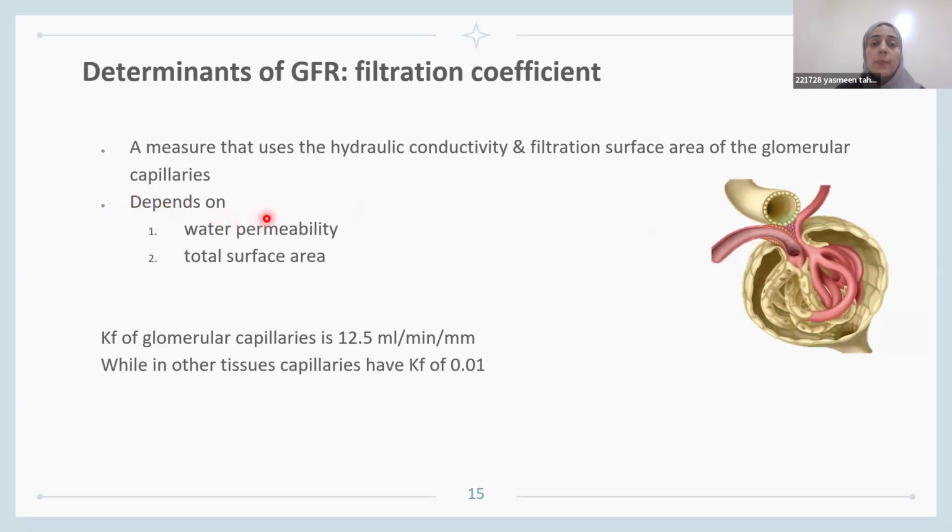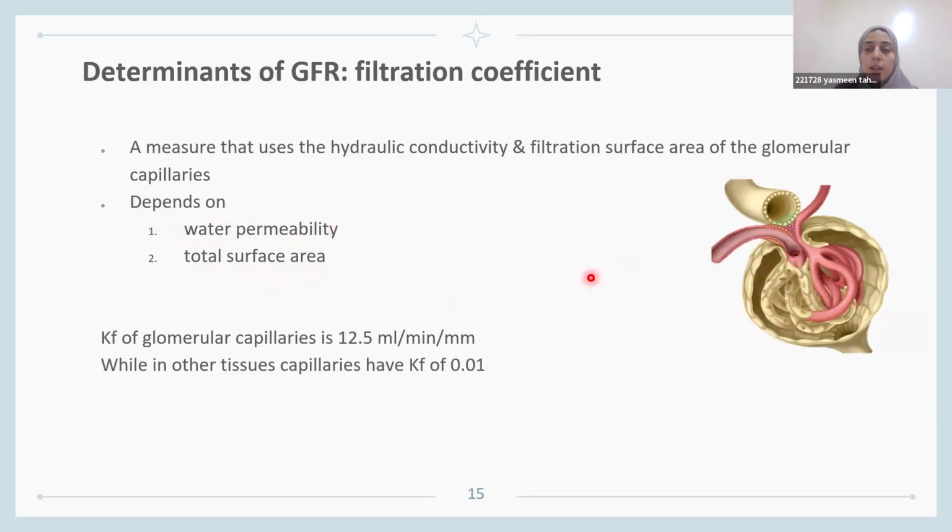It depends on water permeability, how much these glomerular capillaries allow water to get out of them, and it also depends on the total surface area. So if you have a higher total surface area, this is going to allow, again, for more filtration. It makes sense. If we have more surface area for the blood to go into and be filtered, this will lead to more filtration.